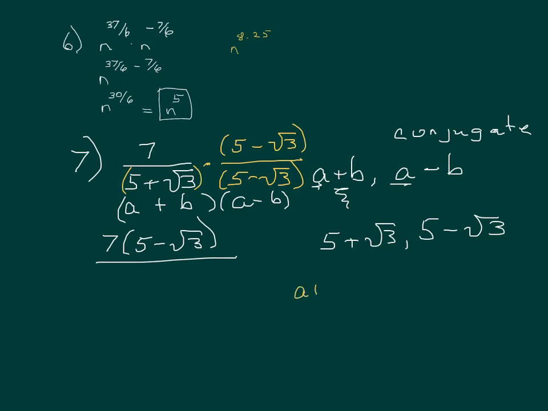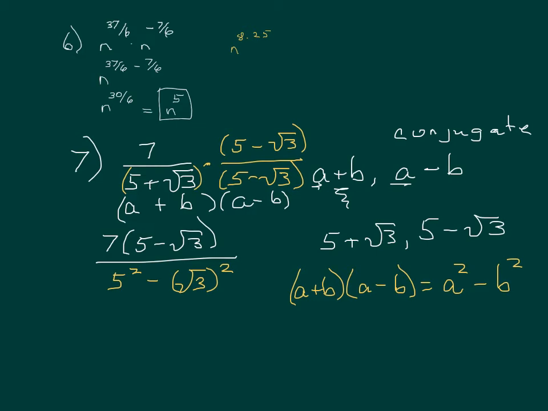So let me write that again. If you have two conjugates multiplied together, you get a squared minus b squared. So in this case, a is 5 and b is the square root of 3. So you have 5 squared minus the square root of 3 squared.